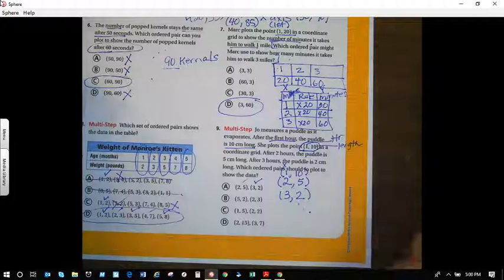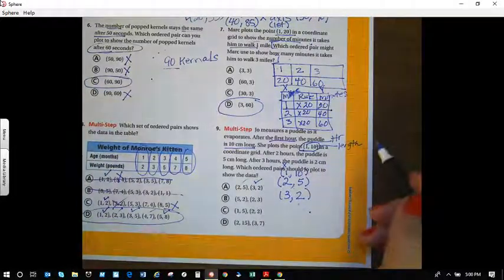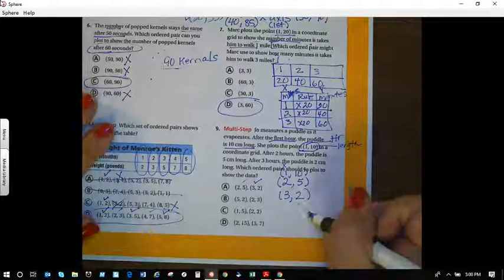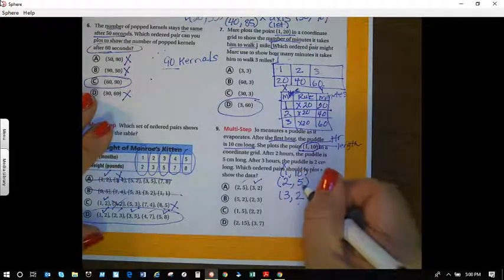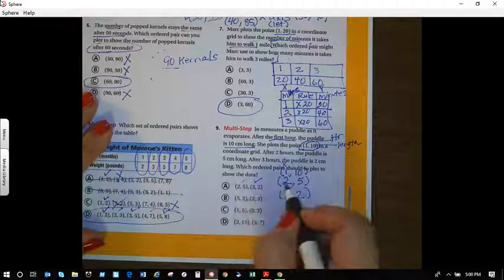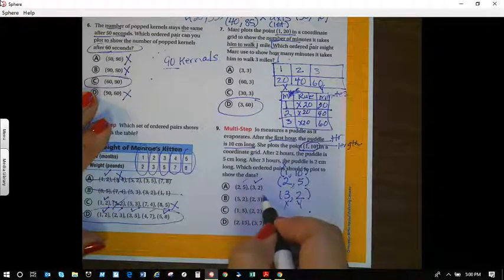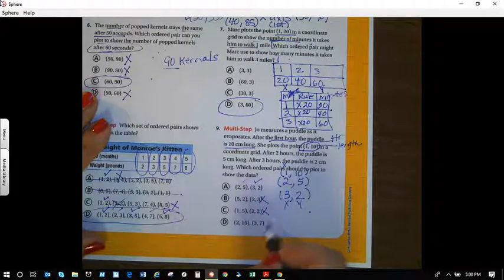Not poodle, but puddle. They already gave you the benchmark, or a guideline, on how that was going to happen. So I have 2 hours, 5, and so this one here won't work because we're not starting off with 2. This is X and Y. So that doesn't work, this doesn't work, and this doesn't work.